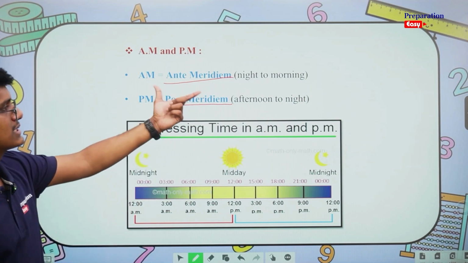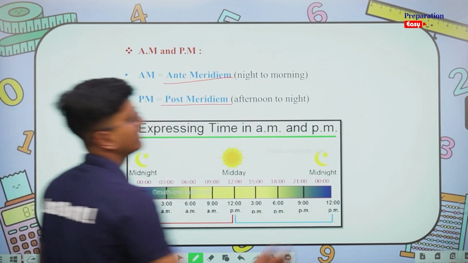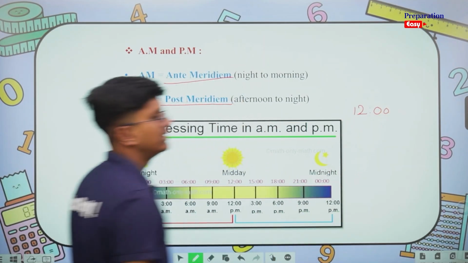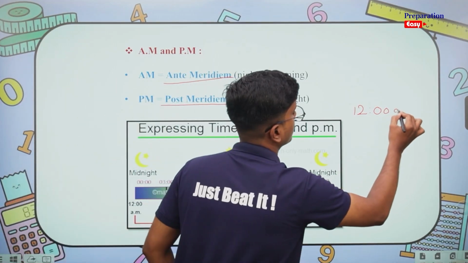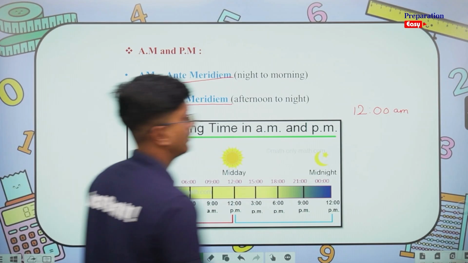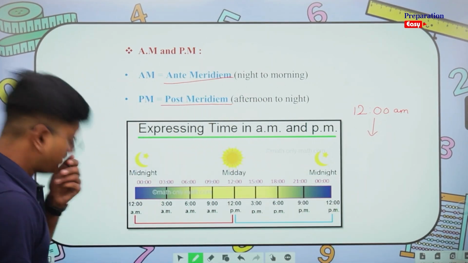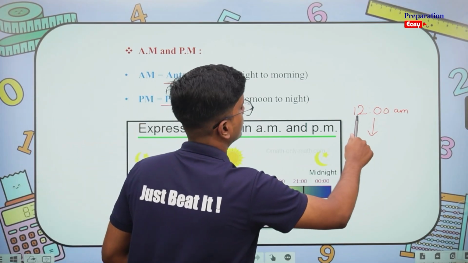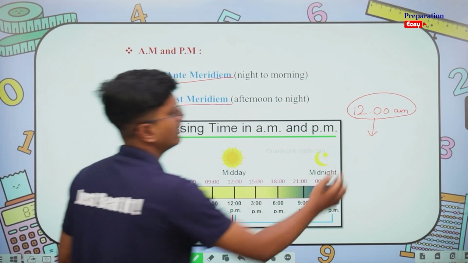So anti-meridian starts from night to morning. So whenever it is midnight 12 o'clock, it's AM, anti-meridian, till 11:59. So this is night, this is the midnight, 12.